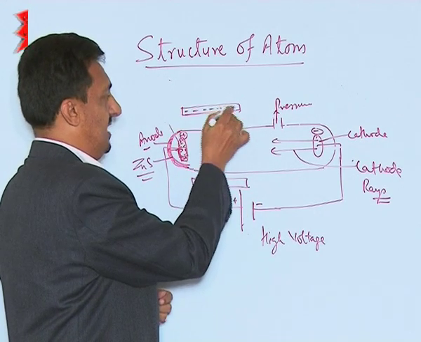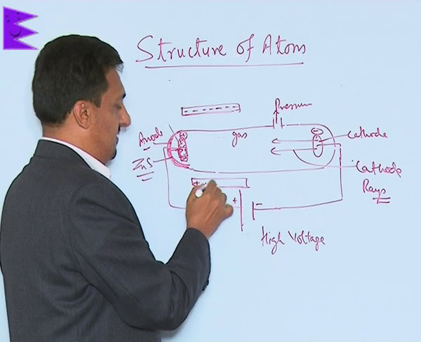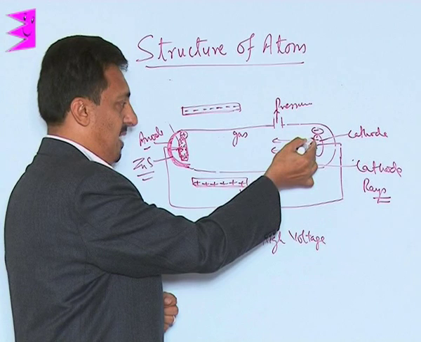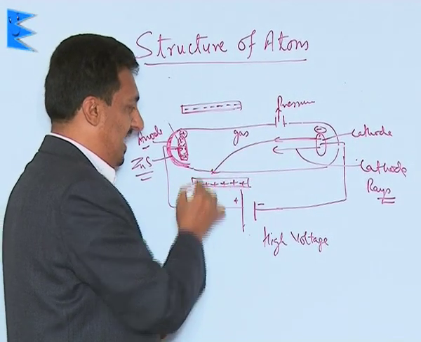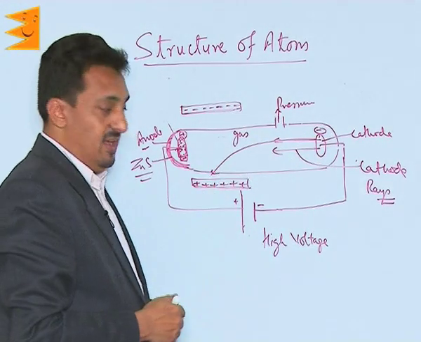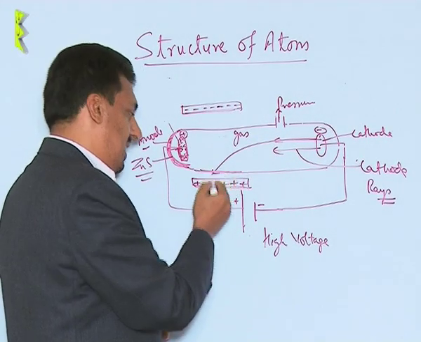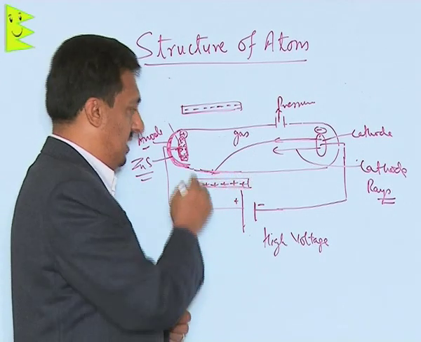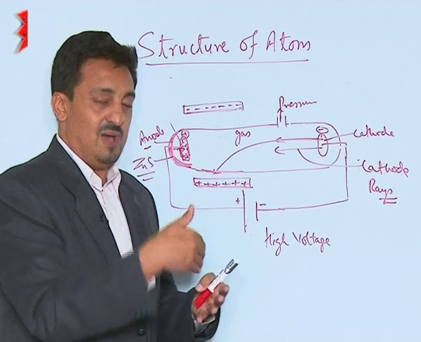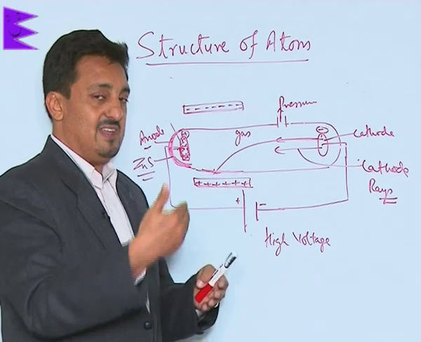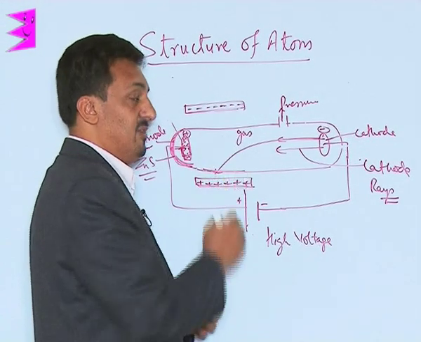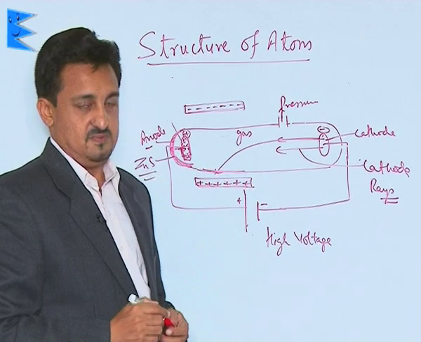Suppose this is the negative side and this is the positive side of the electric field; it was found that this ray got bent towards the positive plate, and when the zinc sulfide was coated on this side, it also starts glowing. This side particularly starts glowing, and not this one. So it means these rays get deflected when they pass through the electric field, and they always get bent towards the positive plate. It means they are made up of particles which are negatively charged.